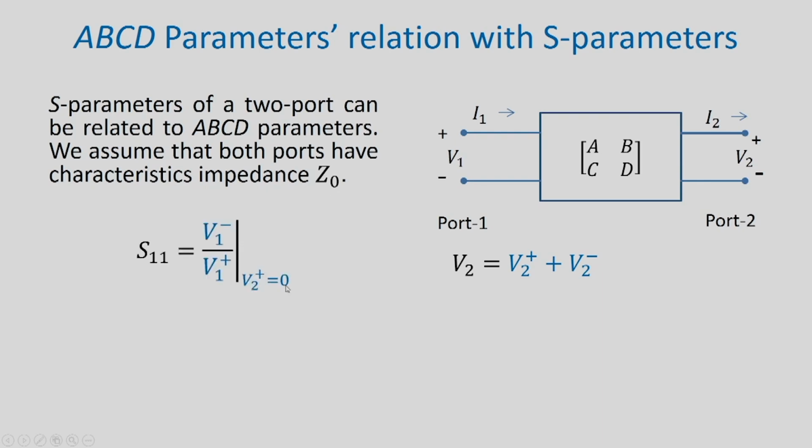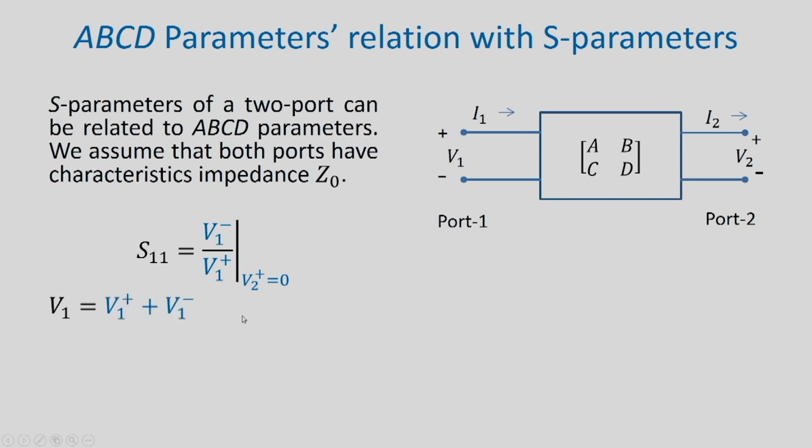So, under this condition, when the port impedances are same, S11 equal to V1 minus by V1 plus, when V2 plus is equal to 0. So, let us see how we can express these voltages and currents V1, I1, V2, I2 in terms of V1 plus, V1 minus and Z0.